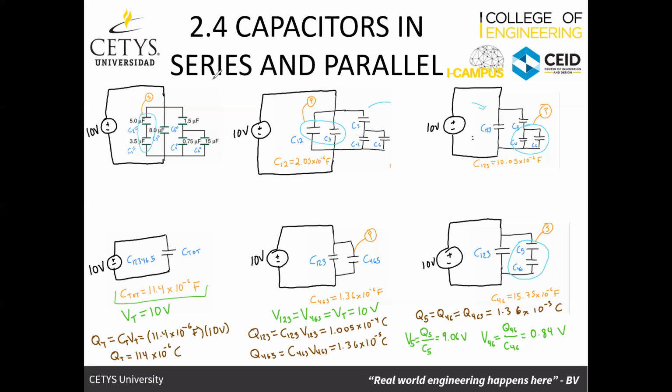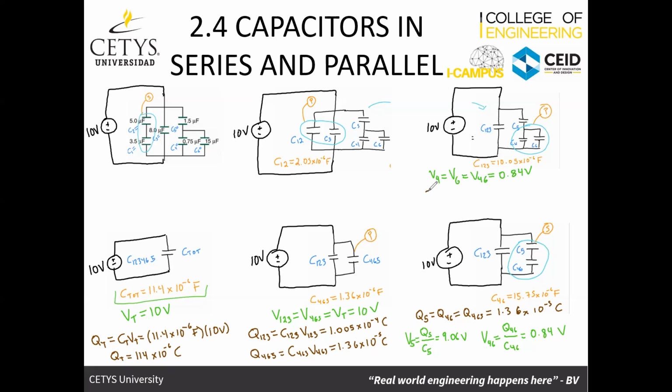What is the same in parallel and what changes? The voltage is the same, correct? So the voltage 4 is going to be equal to voltage 6, and it's going to be equal to voltage 4,6, which is 0.84 volts. And what is going to be different is the charge.